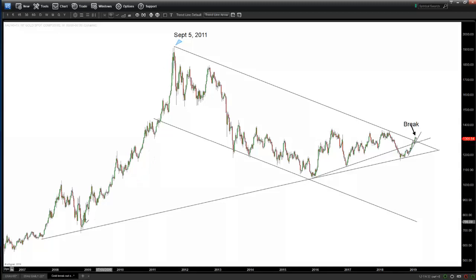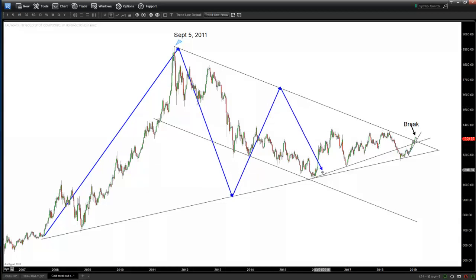And since then you can see it has been in this big range for a long time, and just recently it broke out of the range, right? Not only that, it was able to close above this ascending channel as well, right?